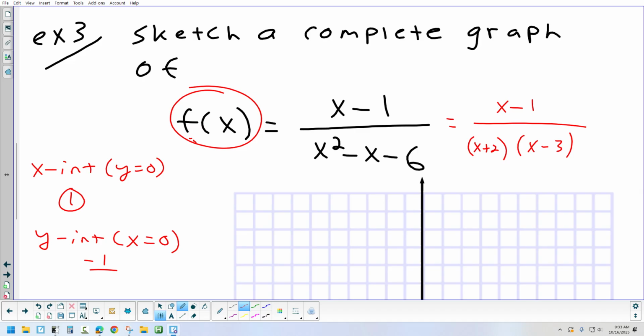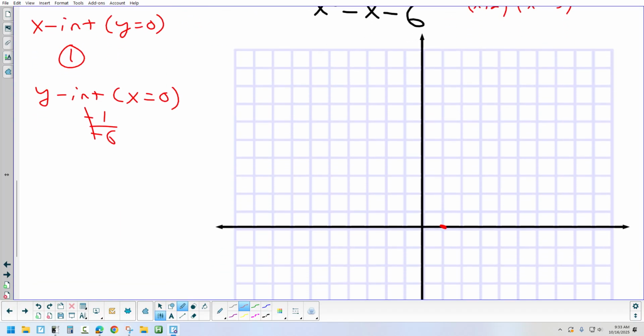And what do I get in the bottom? Yeah, -6. So this graph has a y-intercept of 1/6. That doesn't tell me a lot, but I've got 2 points on my graph. Okay, so I've got my intercepts.